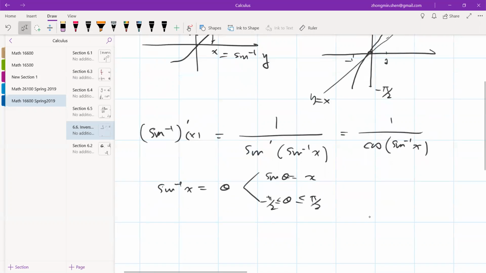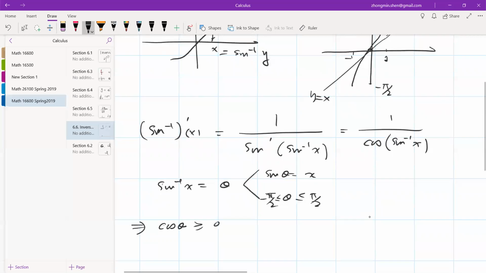So arcsine x equals theta means two things: sine theta equals x, and theta is between these two numbers. Because theta is in the fourth quadrant and the first quadrant, cosine theta is going to be positive or 0. Why? Because cosine value is positive in the fourth quadrant and the first quadrant.